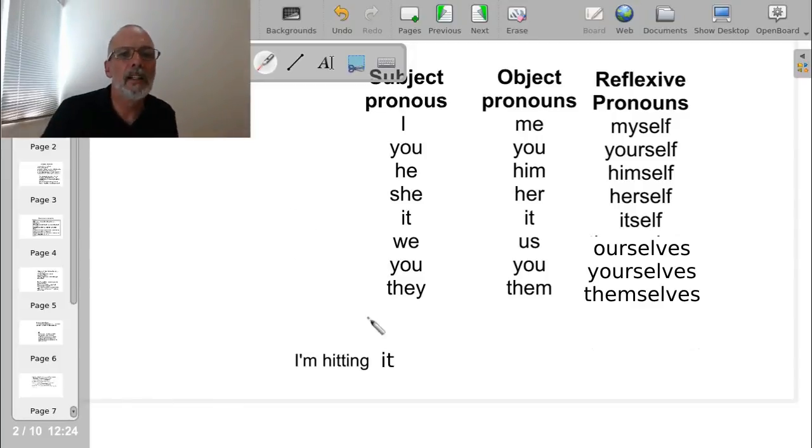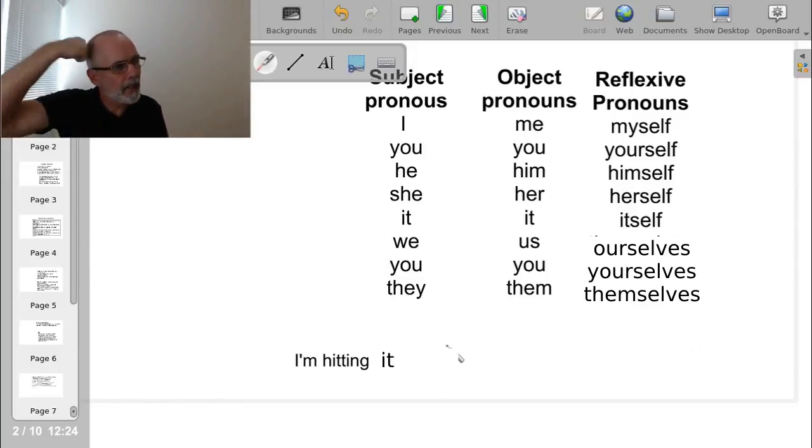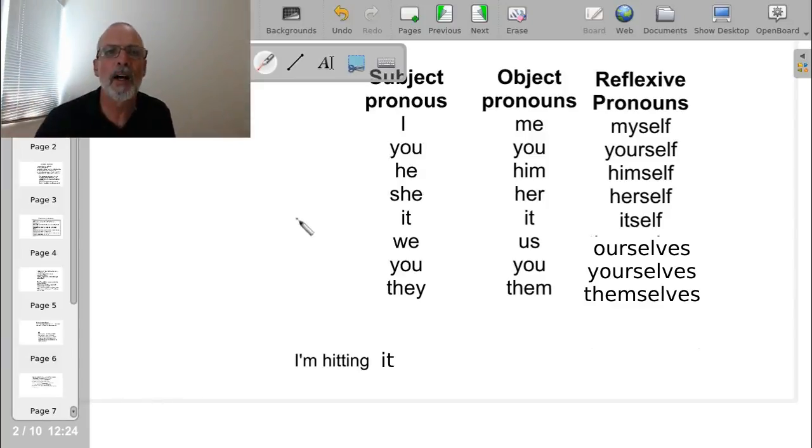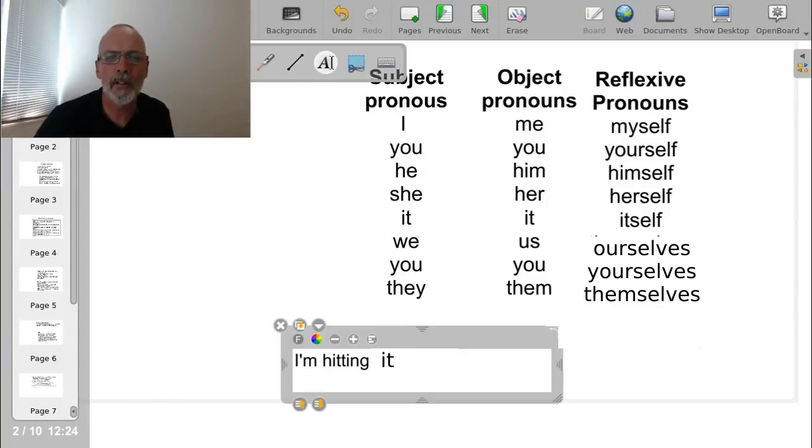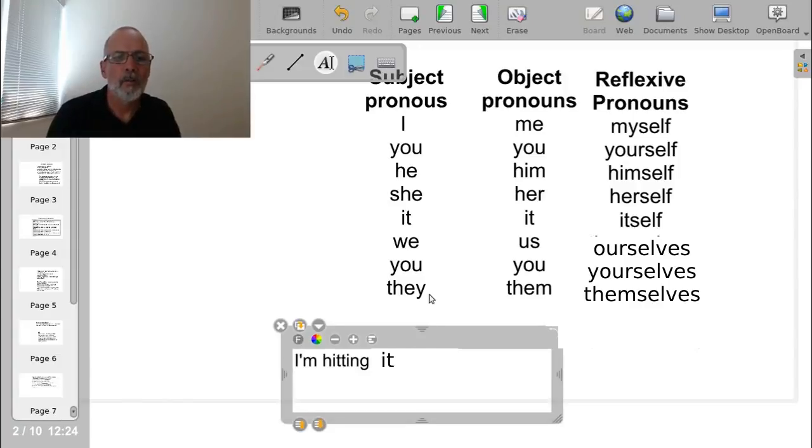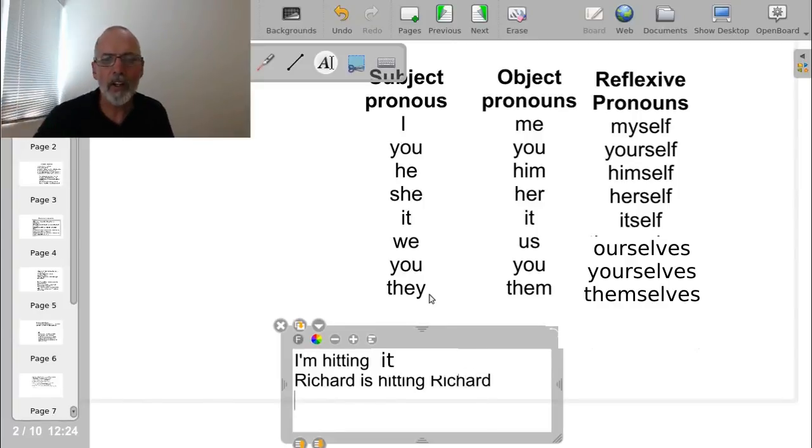I'm hitting it. But what about if I do this, which is a pretty stupid thing to do, but just to show the point, we could say Richard is hitting Richard. Not a good idea.